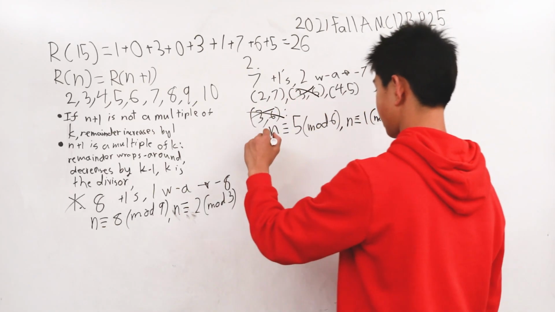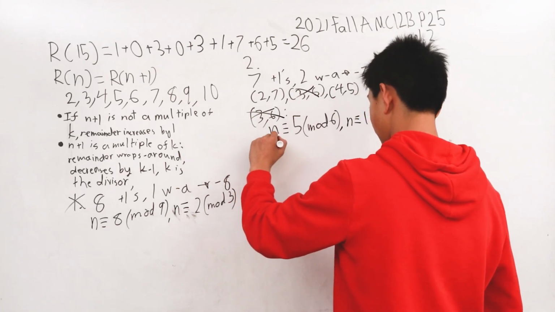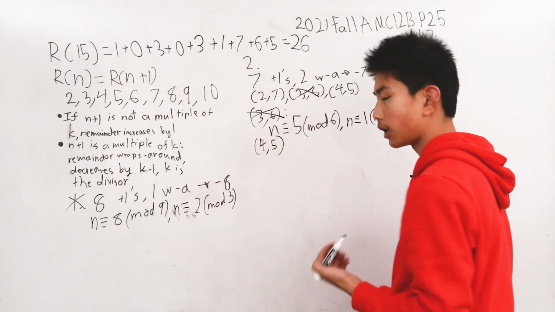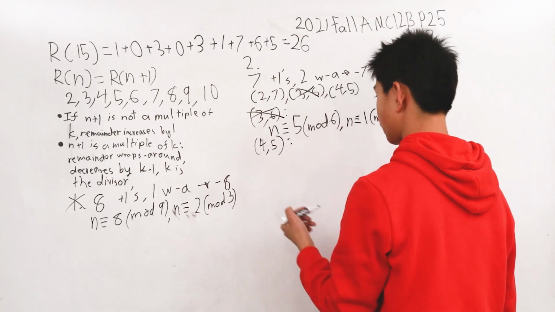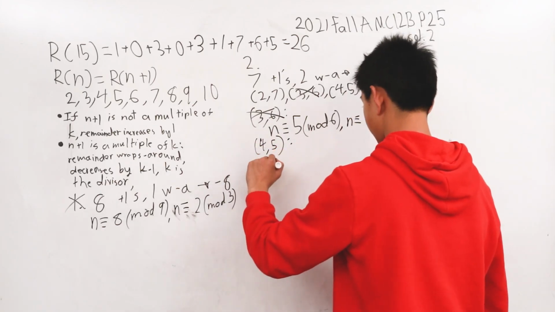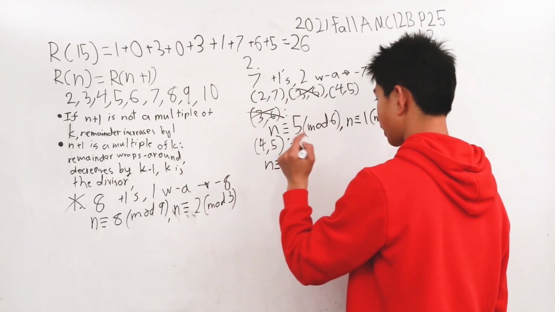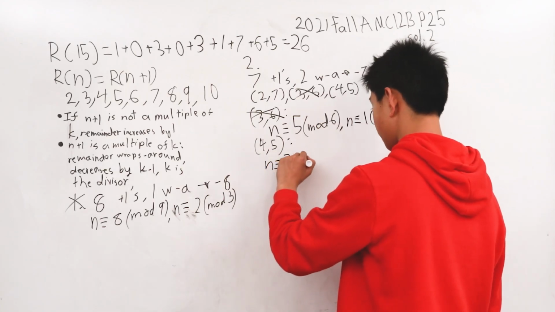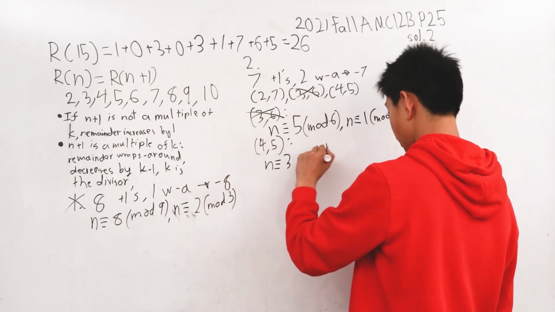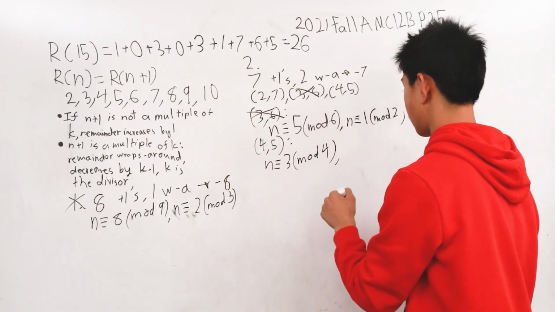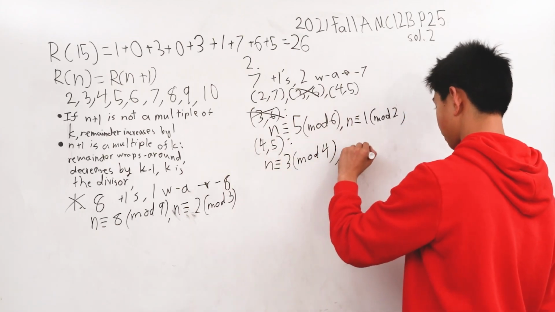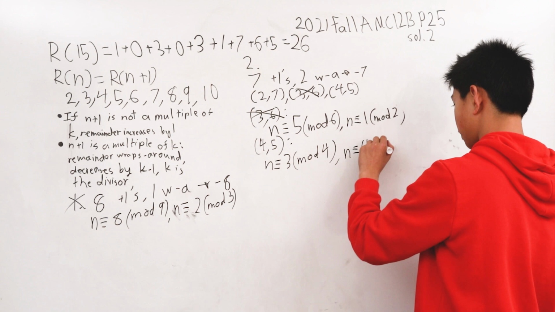Let's choose 4, 5. Well, this basically means that n is congruent to negative 1 mod 4, or 3 mod 4. And then same thing with the 5 here: n is congruent to 4 mod 5.